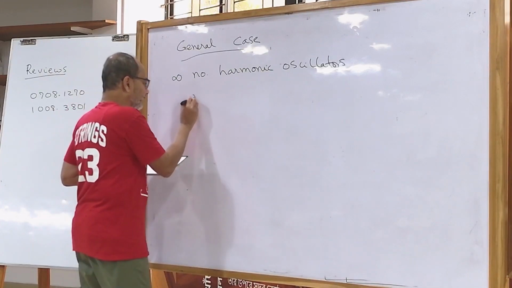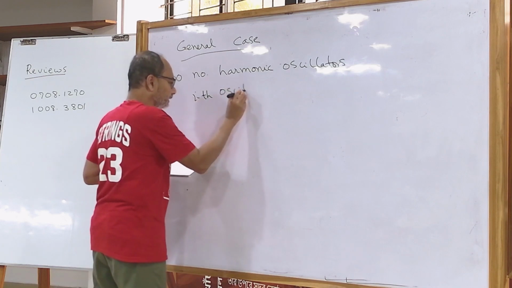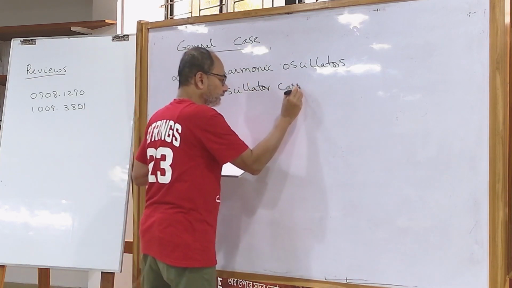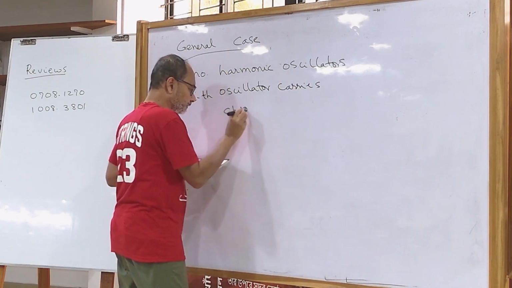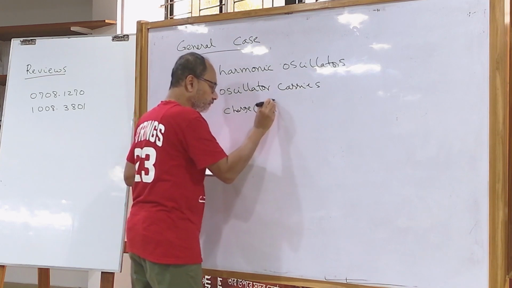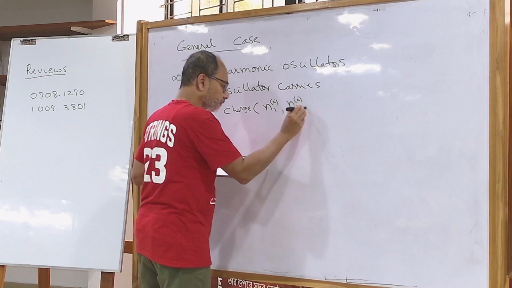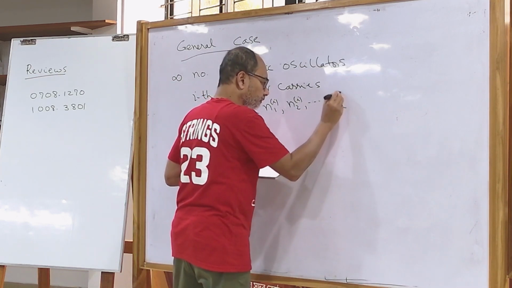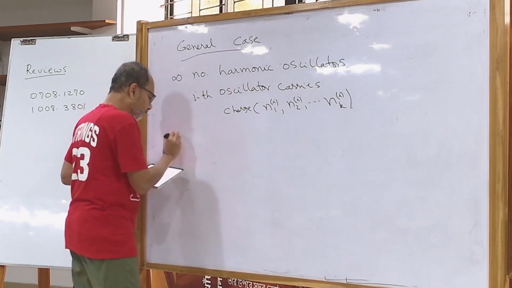And the ith oscillator carries charge in units of minimum charge.